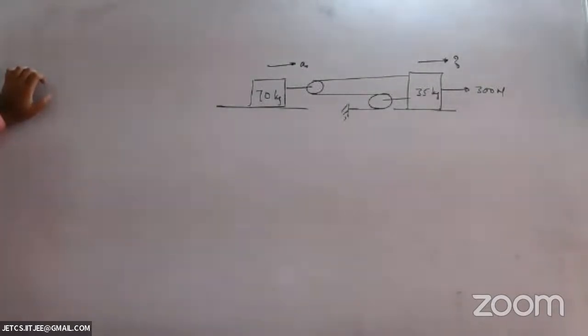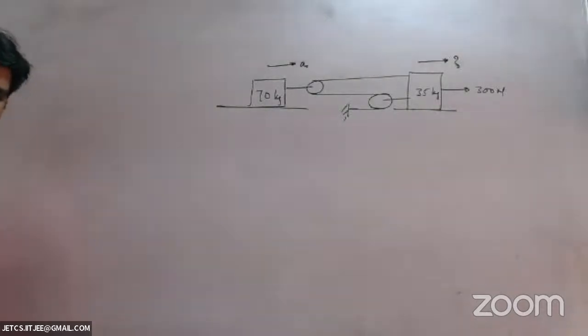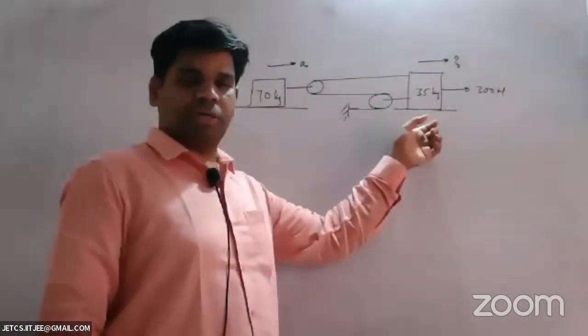Think about it. I'll repeat the argument. What do you think about it first? So what's the constant relation? If this is A0, what is the acceleration of this block?